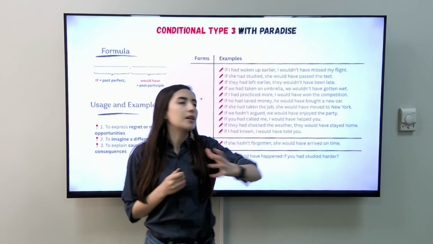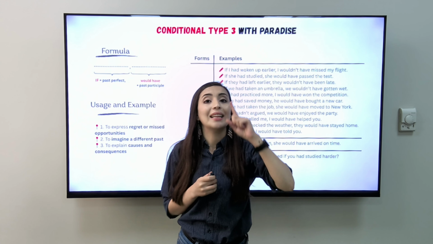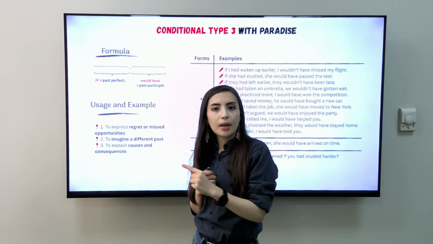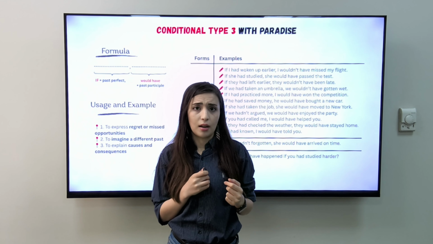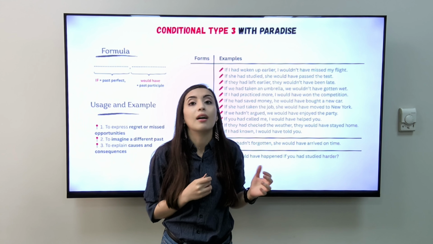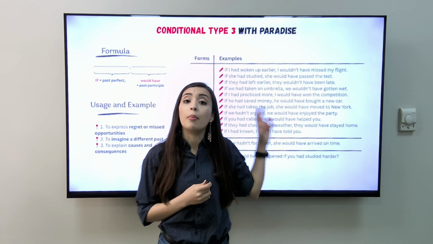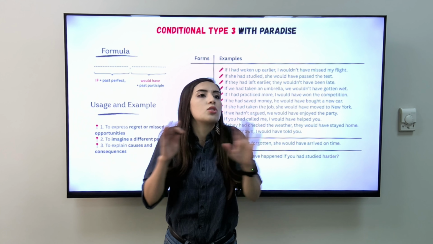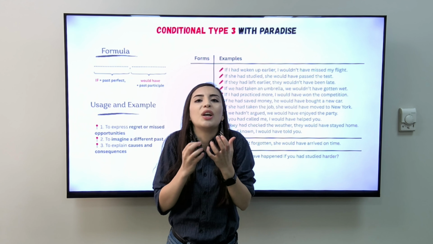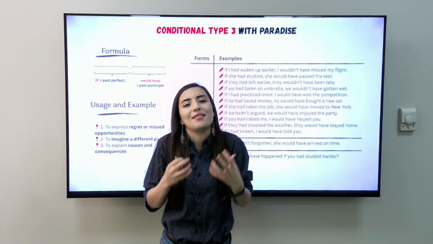the main difference between type 3 and type 2 is that type 2 is hypothetical. Type 3 is a fantasy, but type 2 is a solid fantasy. Type 3 is a regret. The material is a kind of sadness.